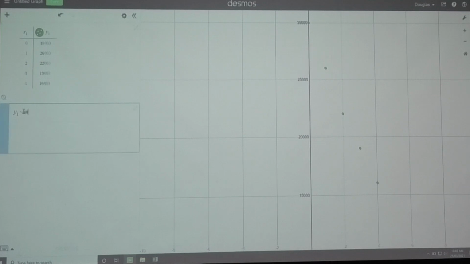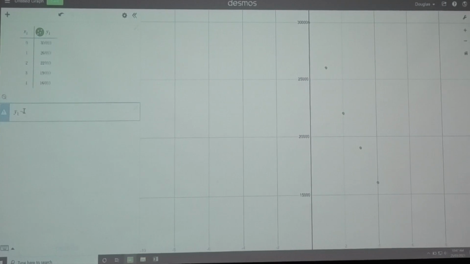You're going to write M X1 plus C. Revise that: it's Y1, approximately equals M X1 plus C.